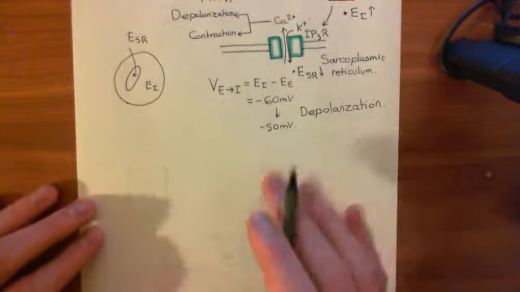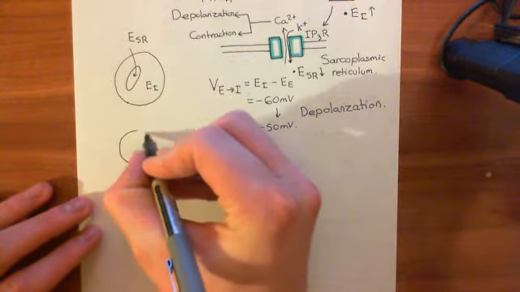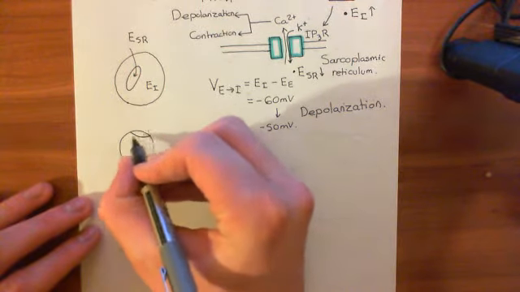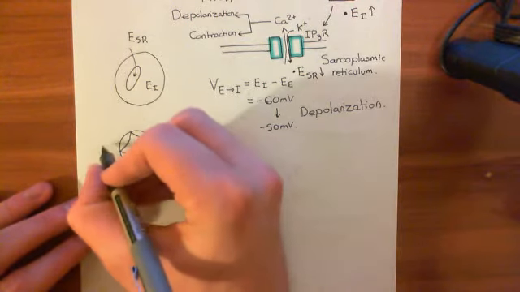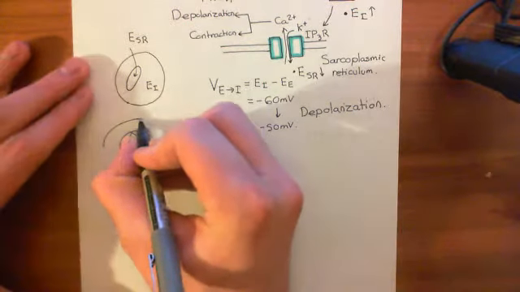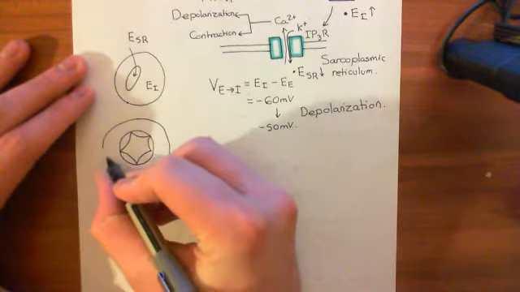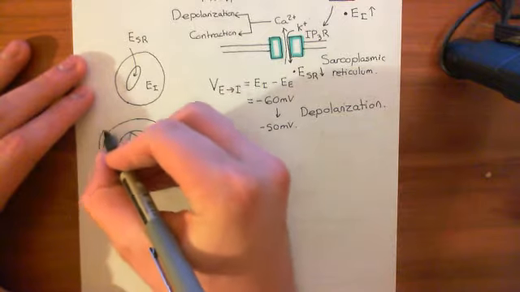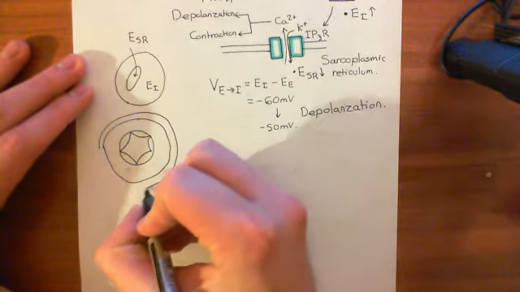Let's draw our little blood vessel out here. Here's our blood vessel with the endothelial cells sitting on the basement membrane. Then the tunica media, this layer of smooth muscle cells around the endothelium, and then a layer of connective tissue around that, known as tunica adventitia. These are the layers of our blood vessel.